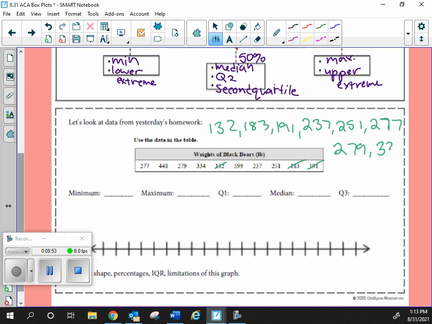Okay, let's check. 132 I marked off. 183 I marked off. 191 I marked off. 237. 251. This is why we mark them off. 277. 279. 334. And then 448. And then 599. How many numbers should I have? 10. Thank you for giving me some actual numbers.